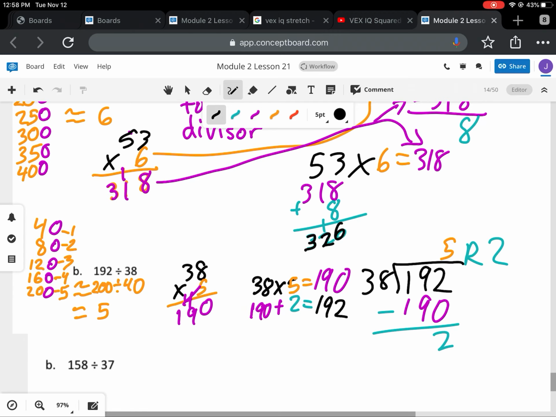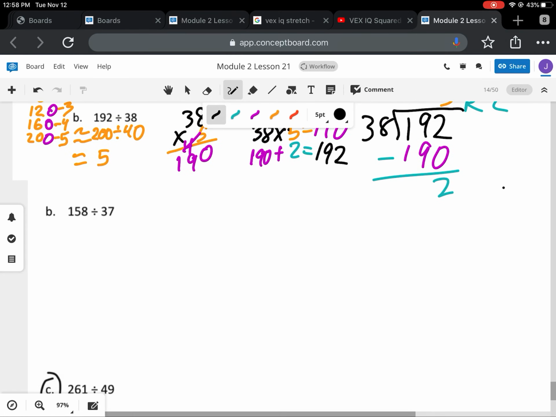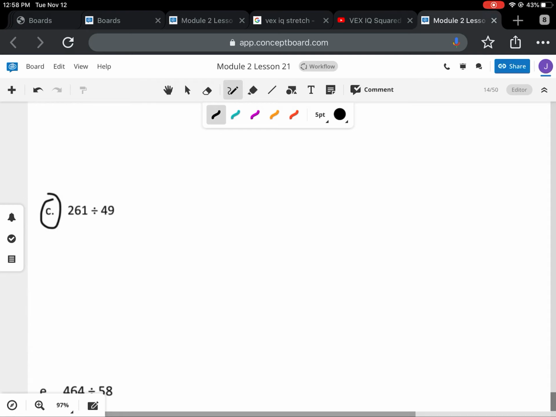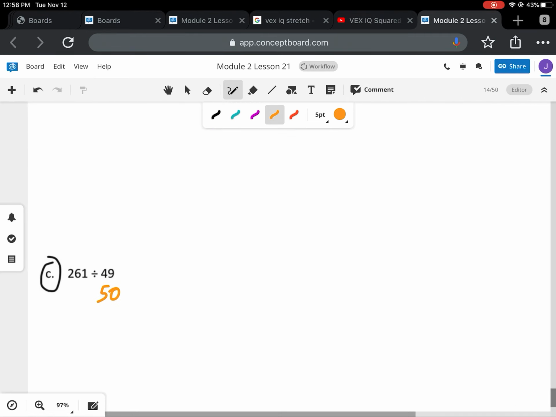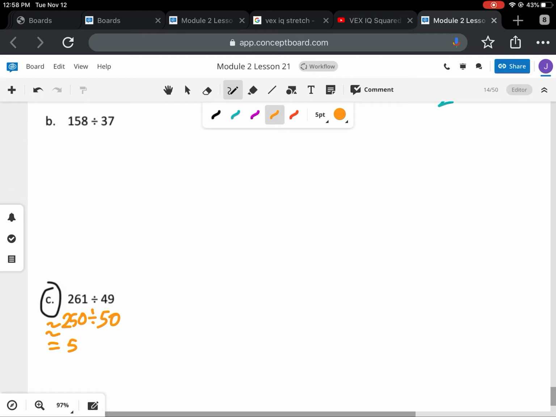Sometimes when we're doing it, the estimation will be a little too high or a little too low. They just have to know to go down one more or less than the estimation. I'm going to do another one. This is C, which is not a problem that they have to do. Alright, so this would be 250 divided by 50, which will give me a 5.